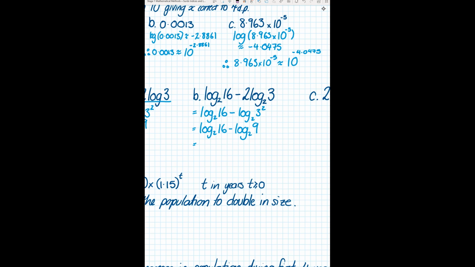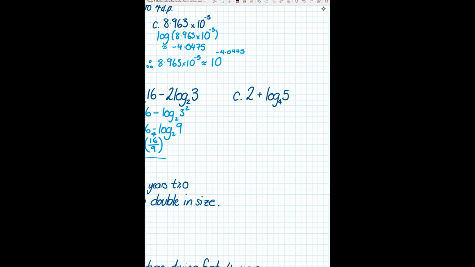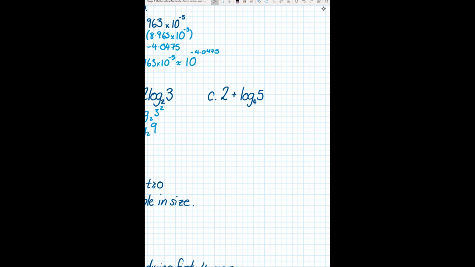And that's equal to the log base 2 of, now the subtract here means we use divide, so 16 over 9. Now we could probably simplify that and put a decimal point in, but we don't really need to. That's fine as a result in that situation.